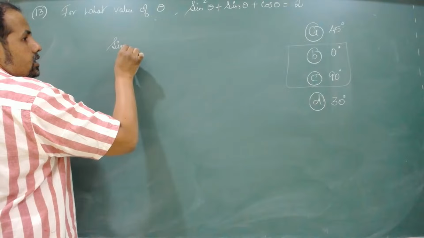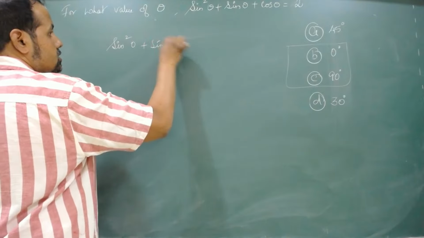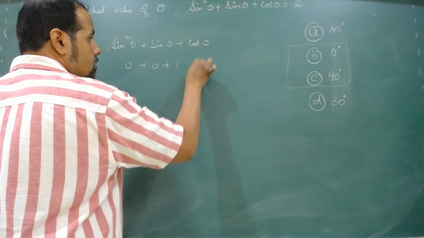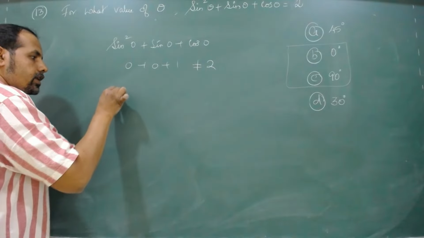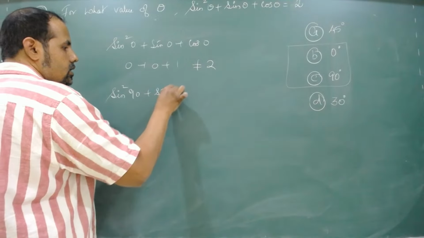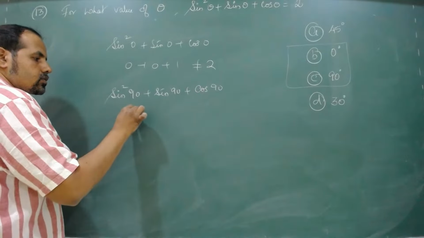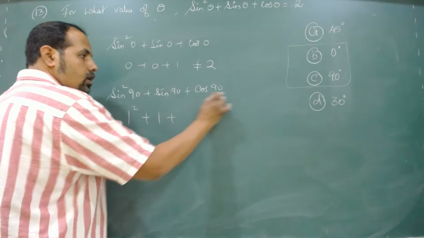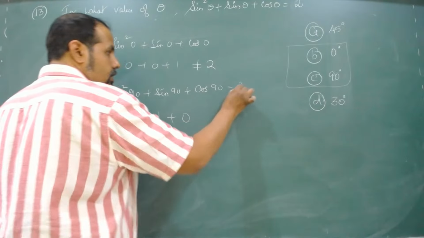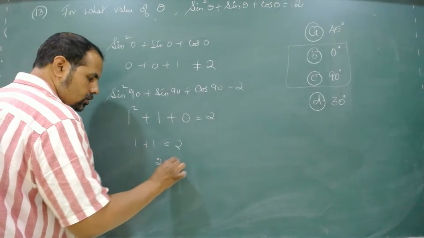If I take sine 0 plus sine 0 cos 0, 0 plus 0 plus 1, not equal to 2. If I take 90, observe, 1 square plus 1, cos 90 is 0, 1 plus 1, I should get the result as 2. 2 is equal to 2.